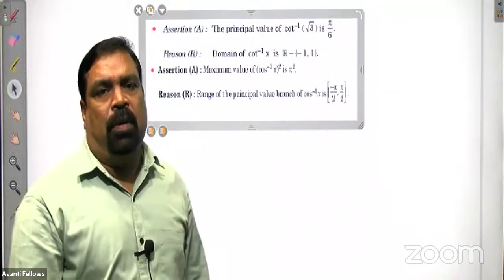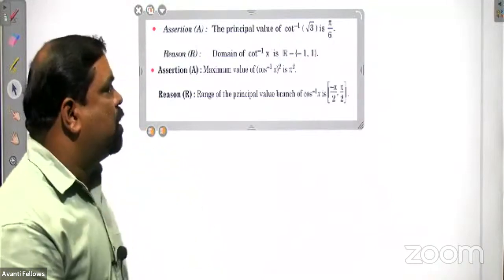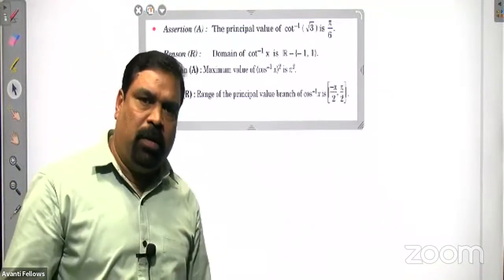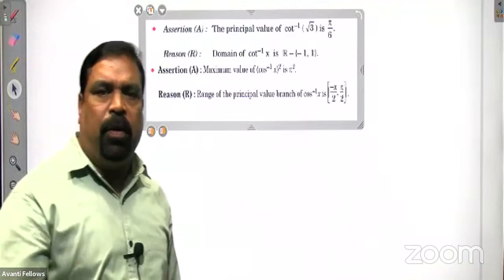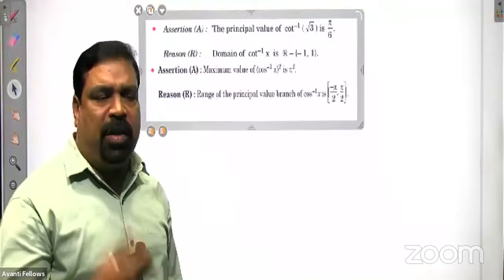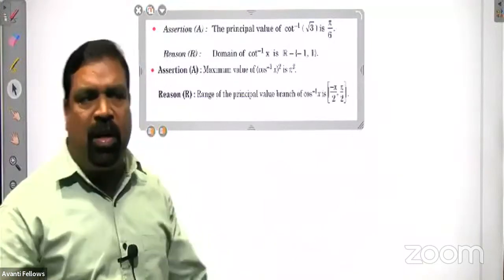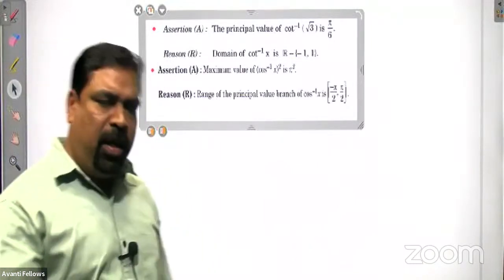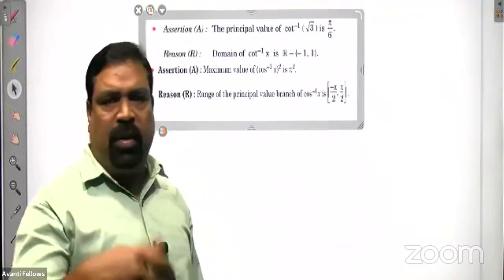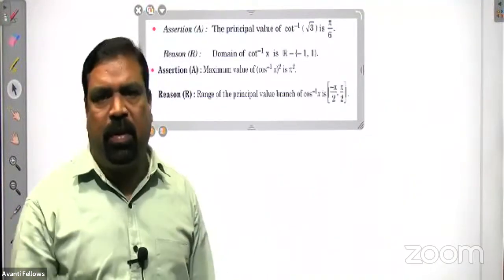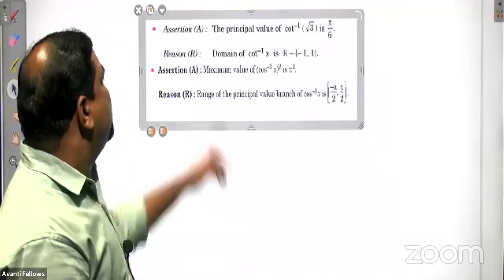So what is the correct option? There are 4 options. A is true, R is true, and R is the correct explanation of A. Otherwise, A is true, R is false. Or A is true, R is also true, but R is not the correct explanation of A, like that. Very clearly, the first statement is true.